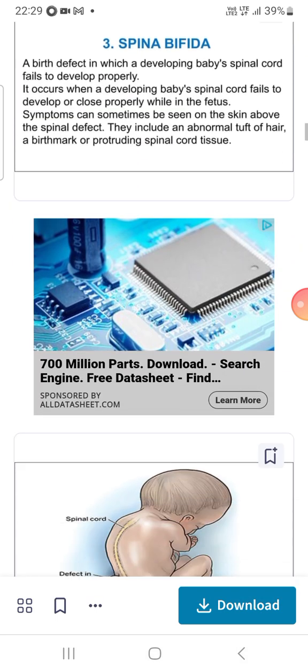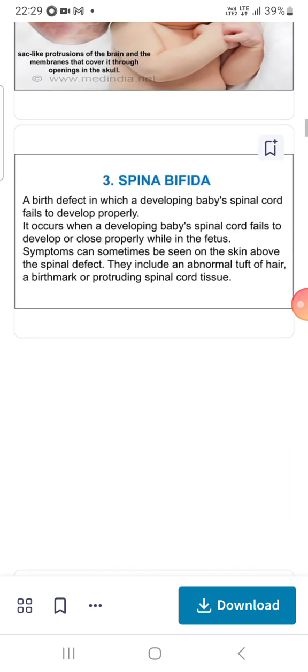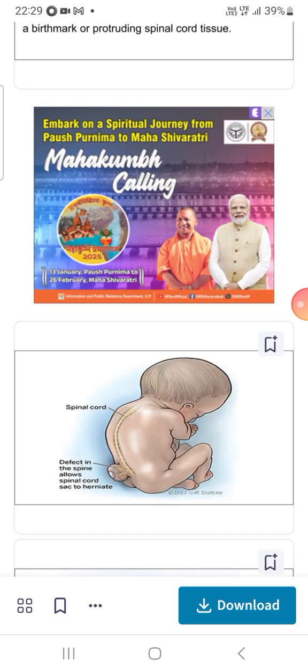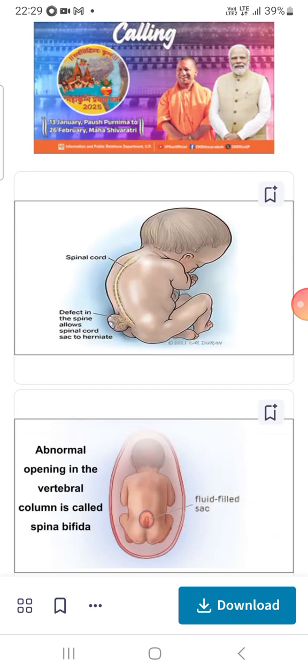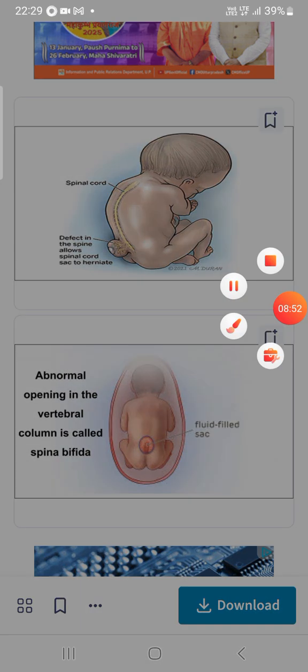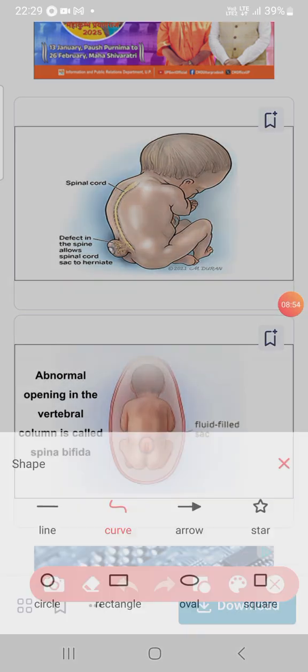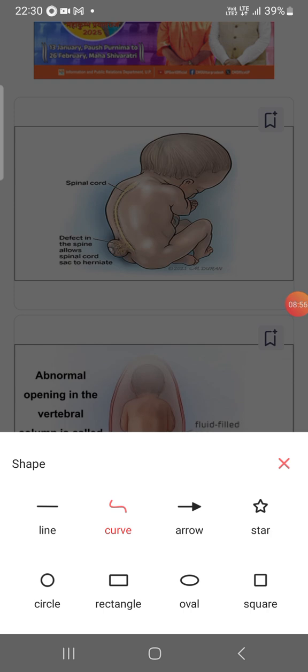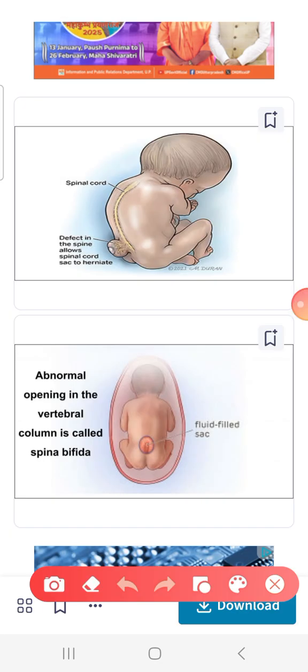Now we'll go with spina bifida. Before going to the theoretical matter, just observe what happened in the body part. Spina bifida develops depending upon an abnormal opening of the vertebral column.